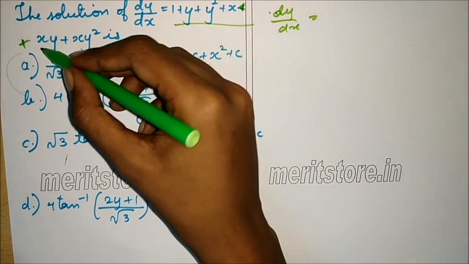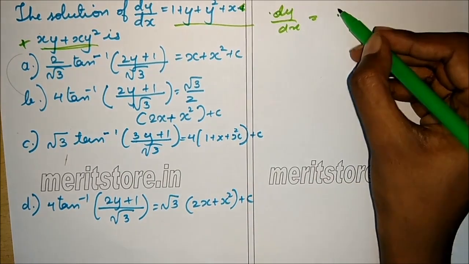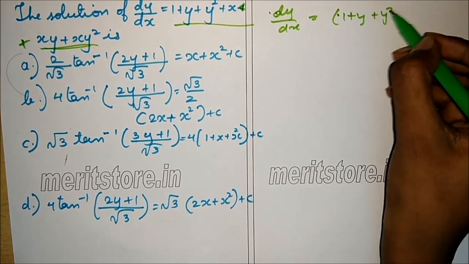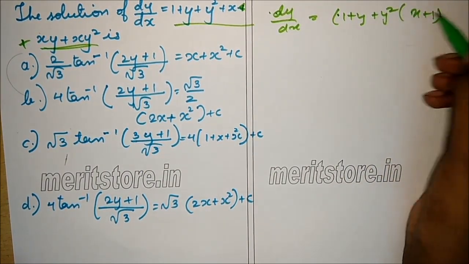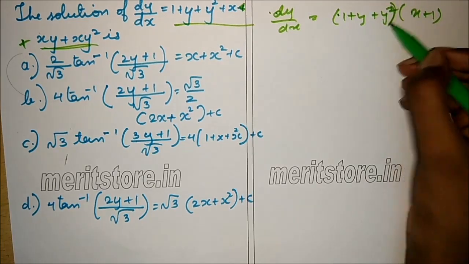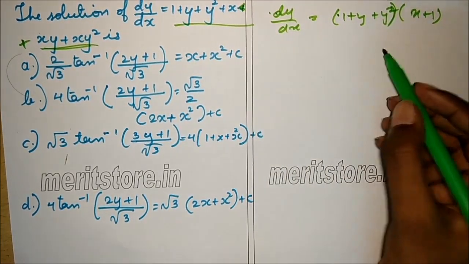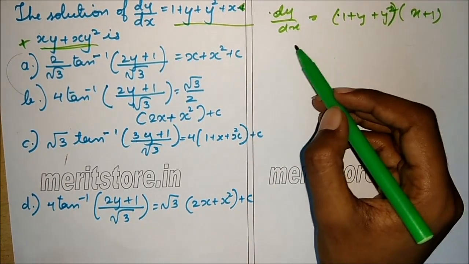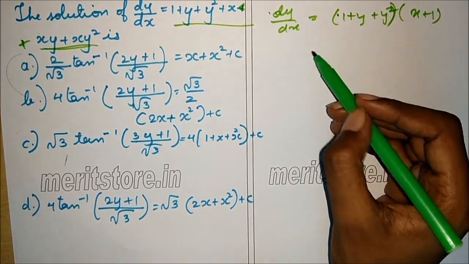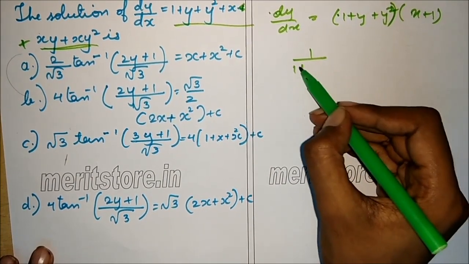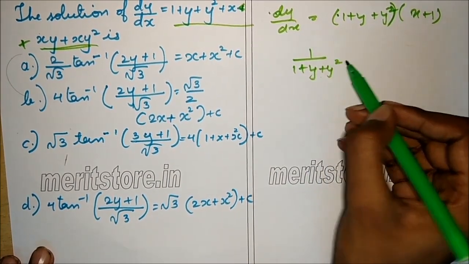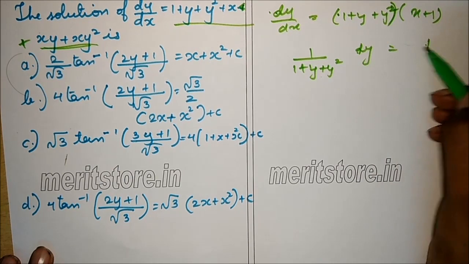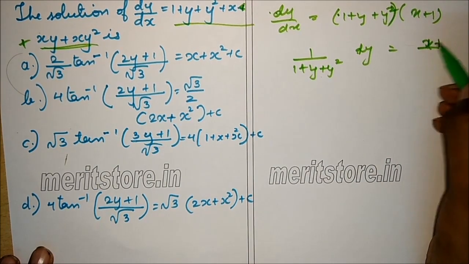Now we can write this term as 1 plus y square into x plus 1. That is, we factorize this, and now we shuffle terms, that is, we separate x and y terms. So 1 by 1 plus y square into dy is equal to 1 by x plus 1 into dx.